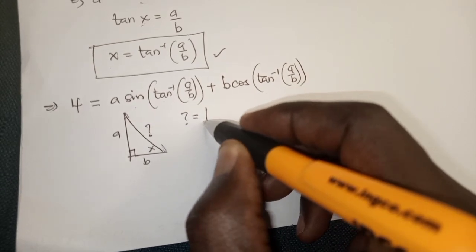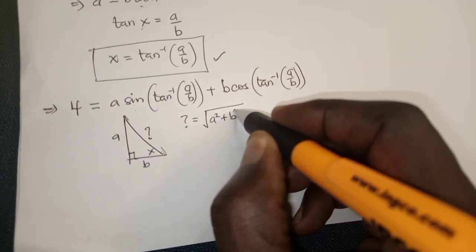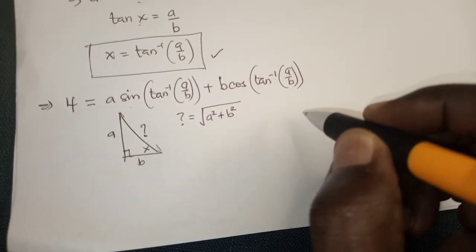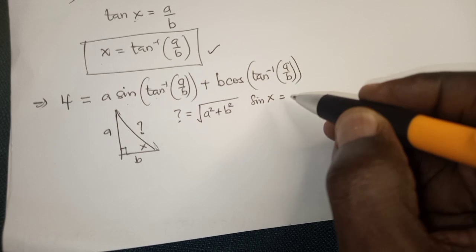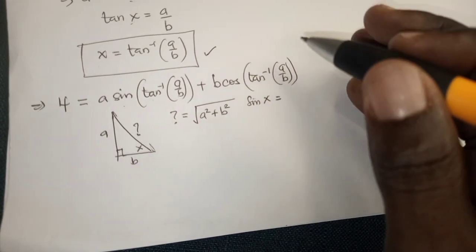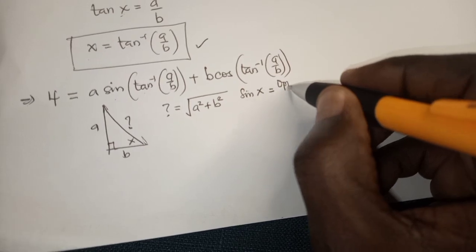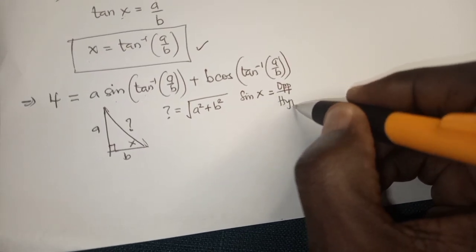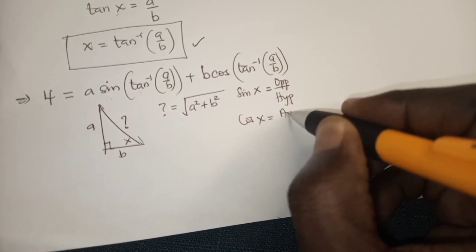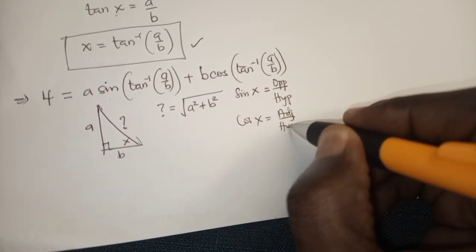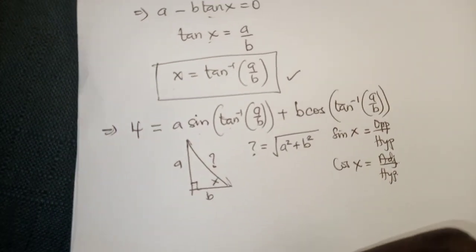The hypotenuse will be equal to the square root of a square plus b square. So sine of x will be equal to opposite on hypotenuse, and cos of x will be equal to adjacent on hypotenuse. So we take note of that.